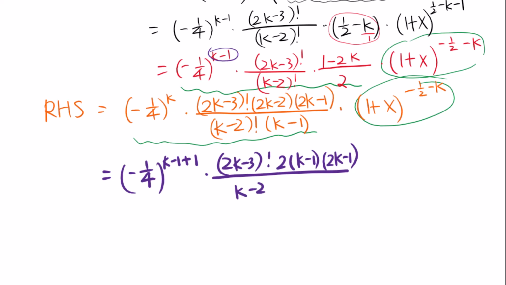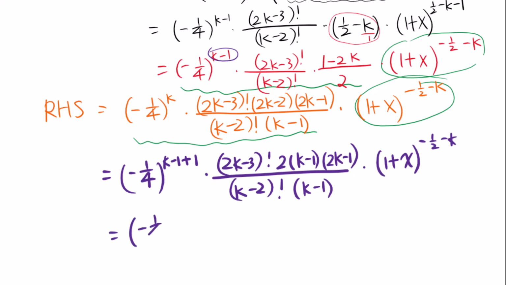Denominator (k-2) factorial times (k-1) times (1+x) to the negative 1/2 minus k power. That equals negative 1 over 4 to the (k-1) power times negative 1 over 4.